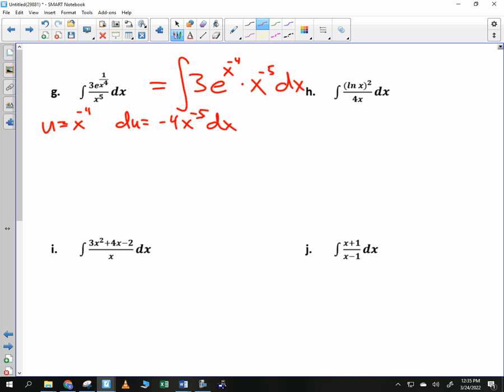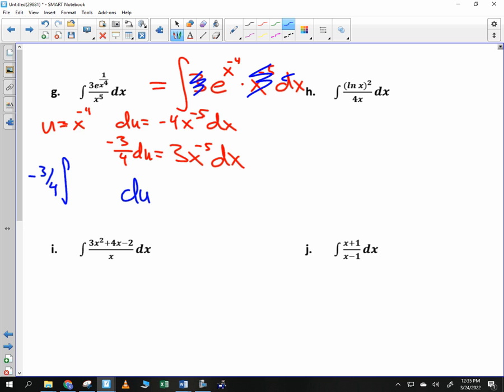Okay? So I don't have the negative 4, I have a 3. So I'm going to divide by negative 4, and I'm going to multiply by 3. I get negative 3/4 du is equal to what? 3x to the negative fifth dx. Okay? So I've got negative 3/4 du, and that allows me to get rid of the 3, the x to the negative fifth, and the dx.